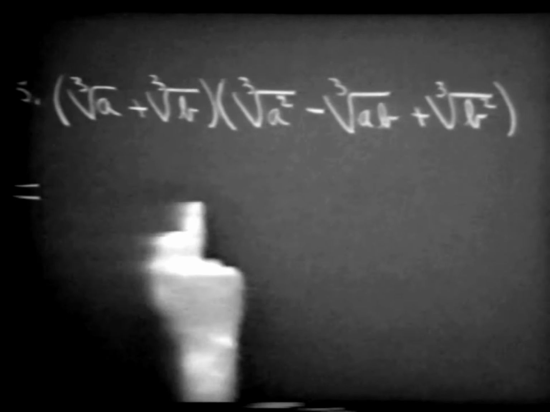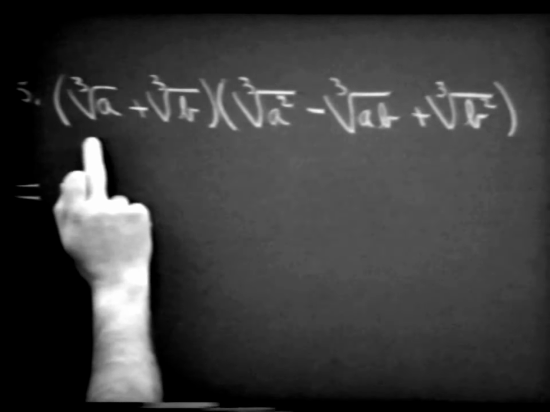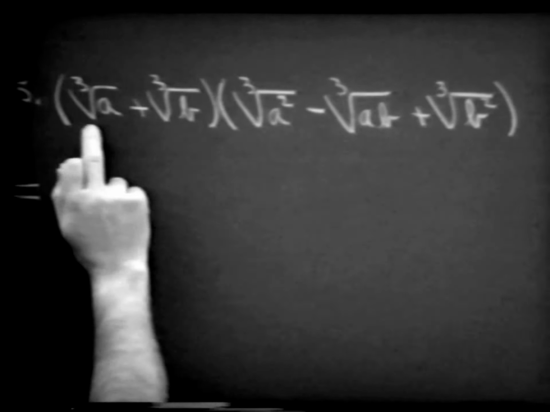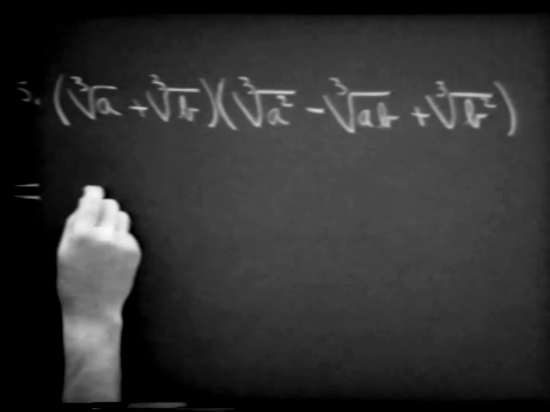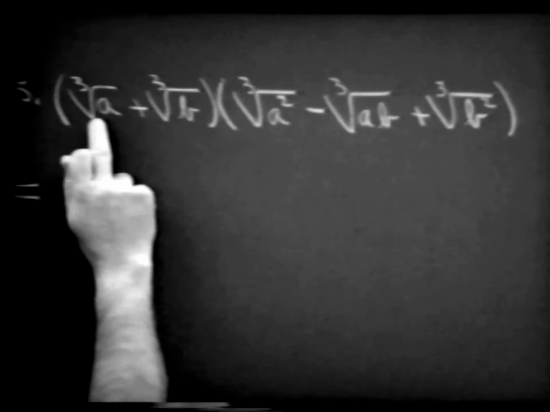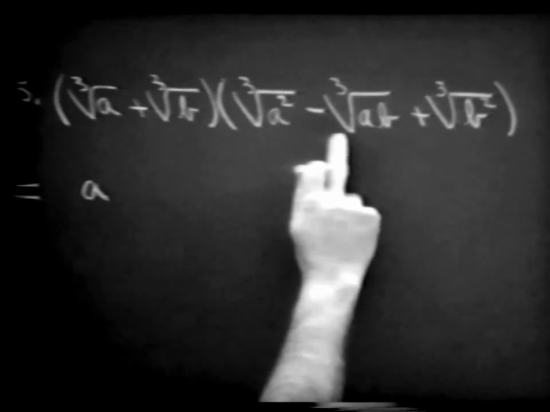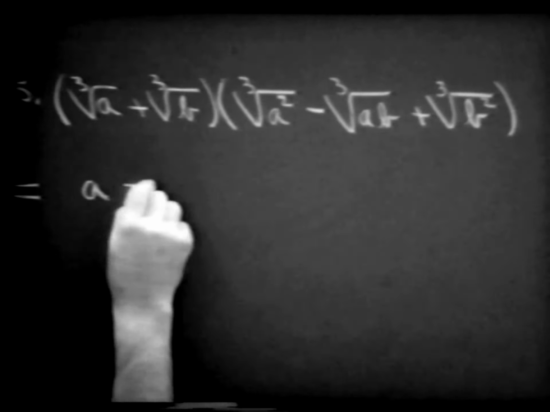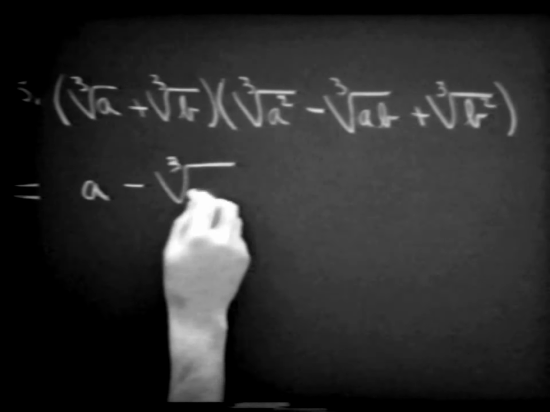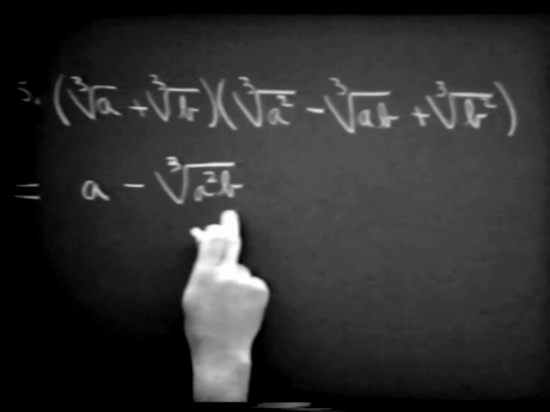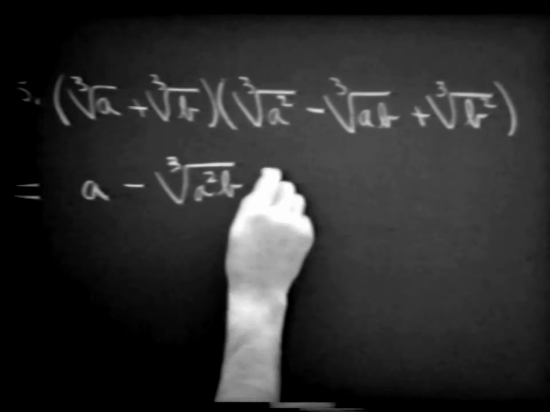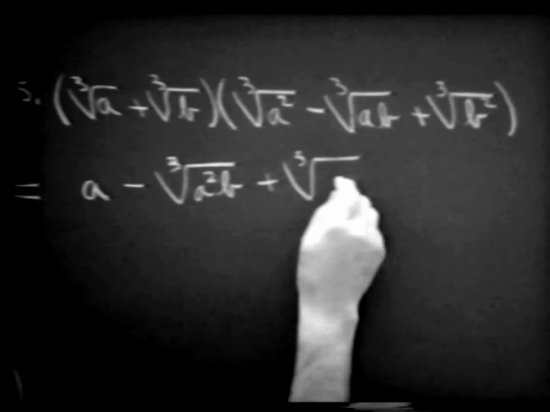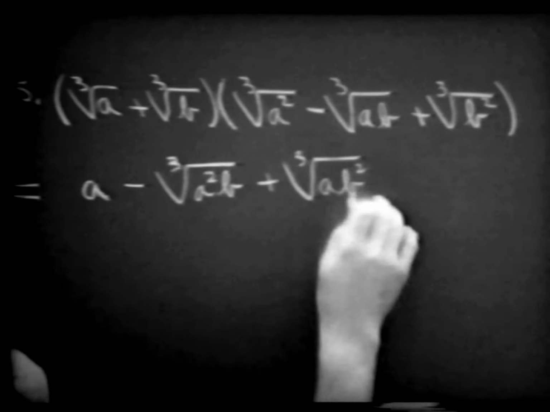Now, without writing that final result in here, let's actually do this product. The cube root of a times the cube root of a squared, of course, is what? That's simply a. And here now we have the cube root of a times the cube root of ab. There's a minus what? The cube root of a squared b. Does everyone agree with that? And here's the cube root of a times the cube root of b squared, which is a plus the cube root of what? ab squared.